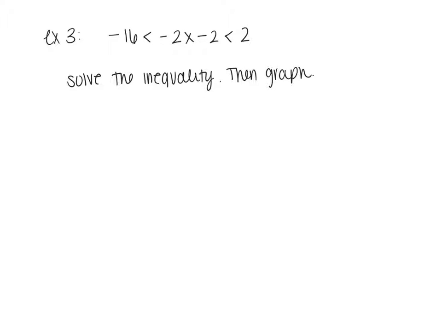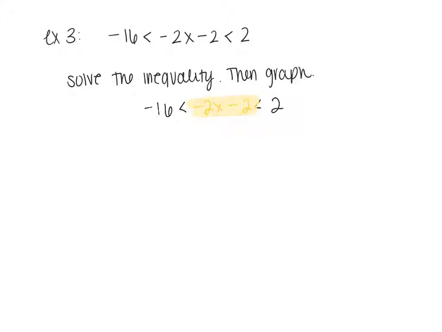Alright, last example. What's different about this one is now it has 2 inequalities, so this is what's called a compound inequality. The directions on this one just say solve it and graph. When I'm solving a compound inequality, I look to the middle to tell me what I need to do, because I want to get x by itself in the middle. How can I get x by itself?